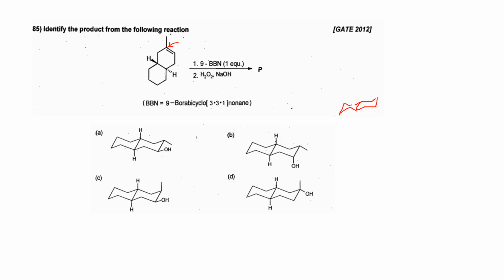Which plane is more available? The upper plane. So the boron will be attacked from the upper plane, and this H will add here. Whenever there is no methyl group above the plane, the concave plane is always more vacant for addition. So boron will add here and H will add at this position. Now if you add H2O2 and NaOH, what will happen?